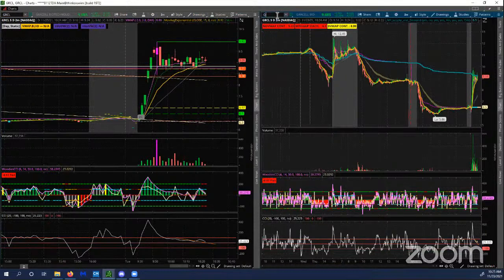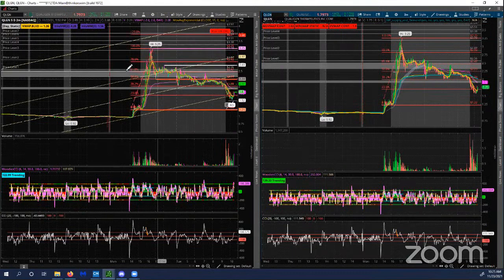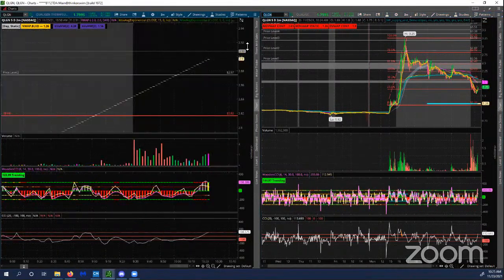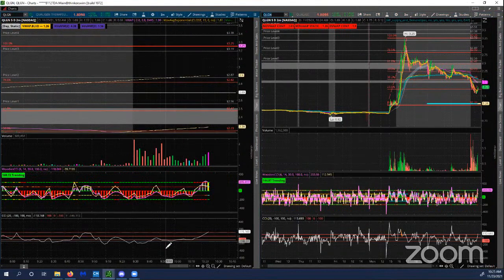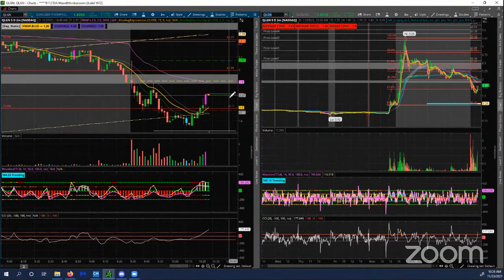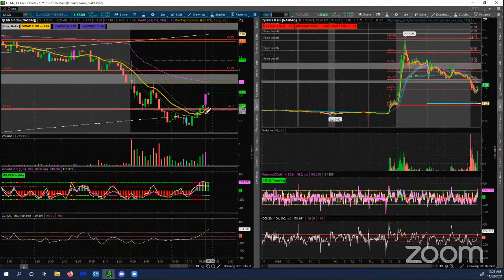QLGN might be interesting. This was the one from yesterday's after hours. You can see we popped up, we bounced off the 23.6 fib and tested just below it for a second, reclaimed it, hammered off of both of those levels.